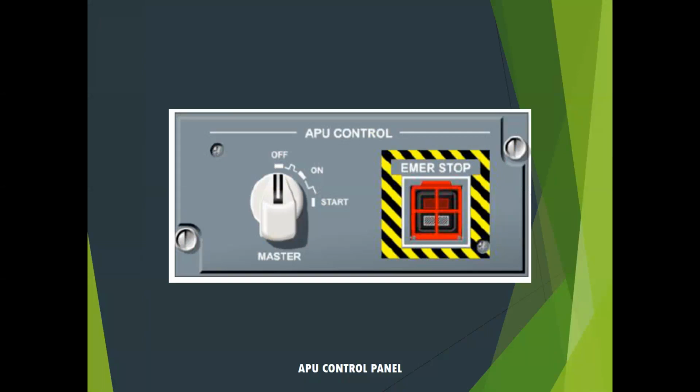And so the emergency stop just shuts it off right now without running any of those checks or without cooling it down. But if it's been under heavy load, if it's been used to run the environmental control system, and a lot of bleed air has been used off of it, if the generator's been fully loaded up, running power on the whole aircraft, and you hit the emergency stop, turbine engines don't like to go from running at high power, high load to not running.